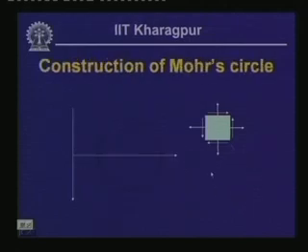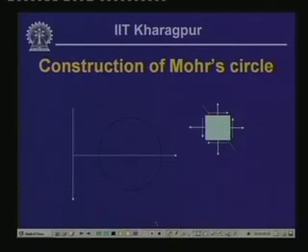Now, let us look into how, given a state of stress at a particular point, you evaluate the stress at a particular plane by constructing the Mohr circle. Let us assume that we have a stressed body where the stresses at a particular point are sigma x, the normal stress on the x plane, sigma y, the normal stress on the y plane, and tau x y, the positive shear.